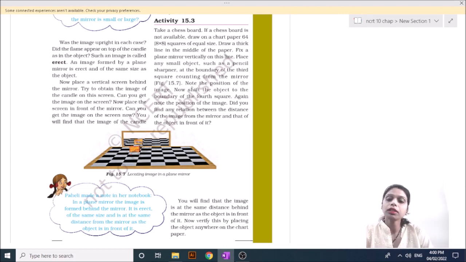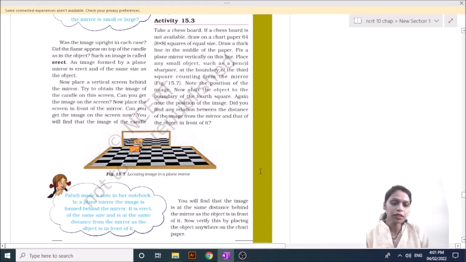Then it is always a characteristic of the plane mirror that it makes an erect image, the size of the image is like the object, and the image is the same distance behind the mirror as the object in front of it.